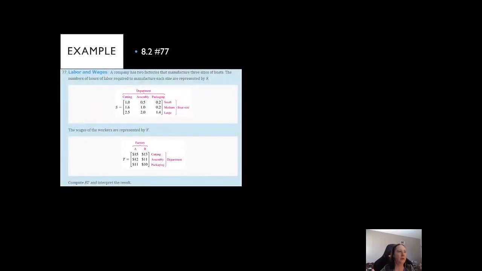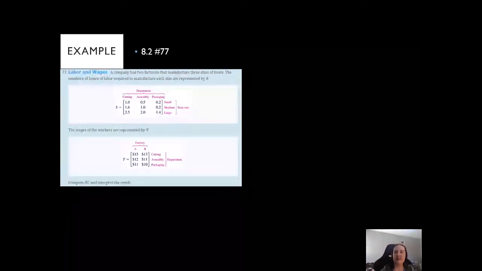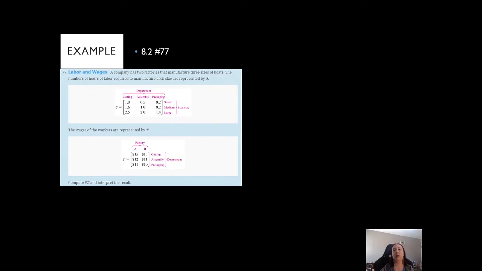Next example. A company has 2 factories that manufacture 3 sizes of boats. The number of hours of labor required to manufacture each size are represented by S. So our columns are the department, and that's how many hours it takes that department for each boat size.